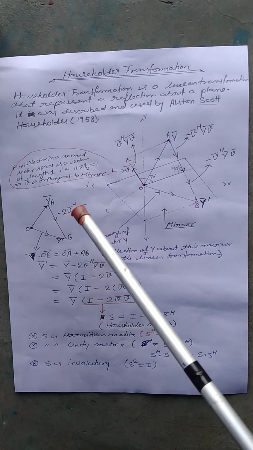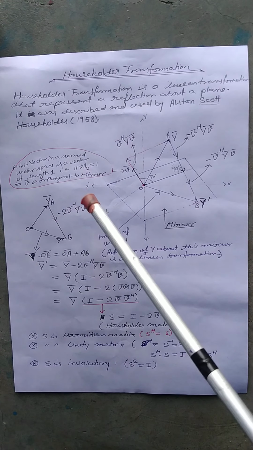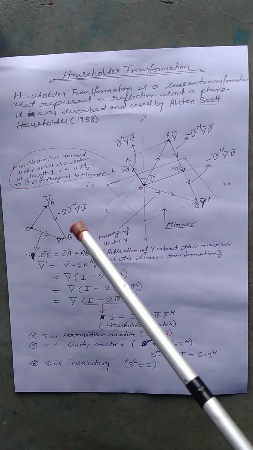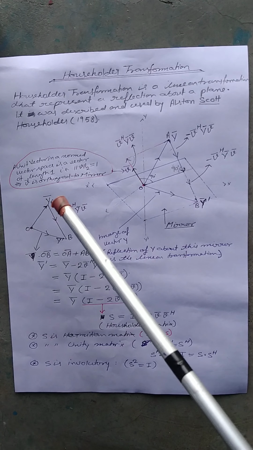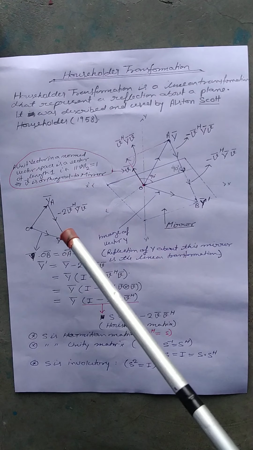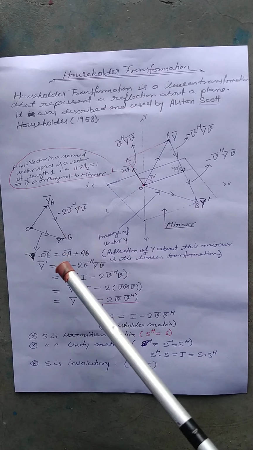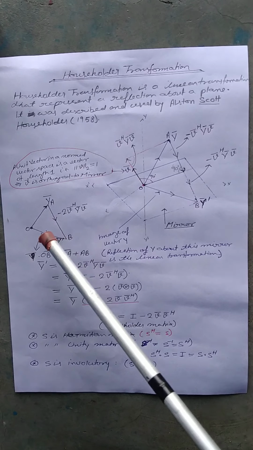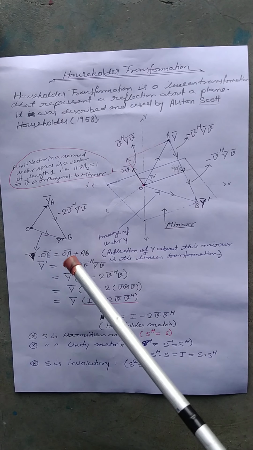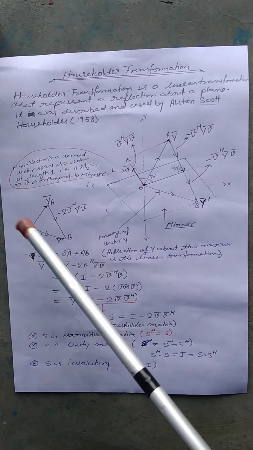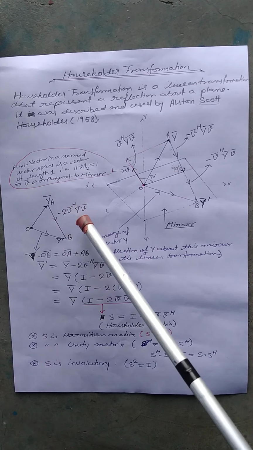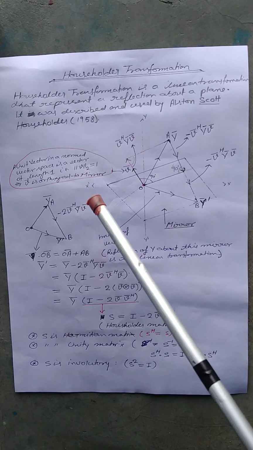Then this vector is minus 2 v Hermitian y times v. ob equals oa plus ab, because the direction of this and this are the same and this is the opposite direction. ob is y dash, the image of y. So y dash equals y minus 2 times v Hermitian y times v.